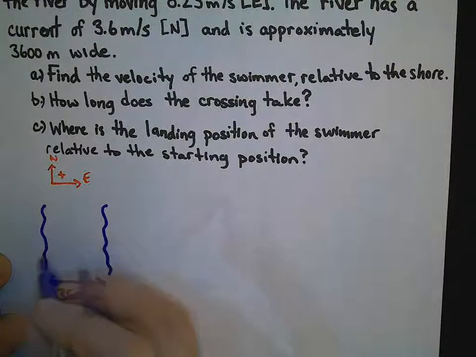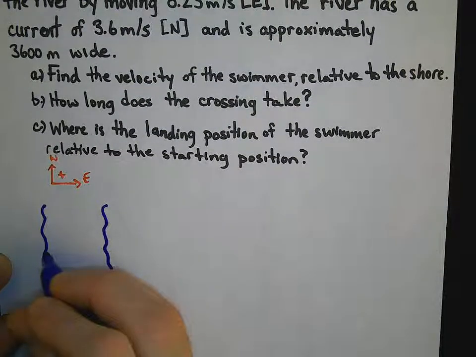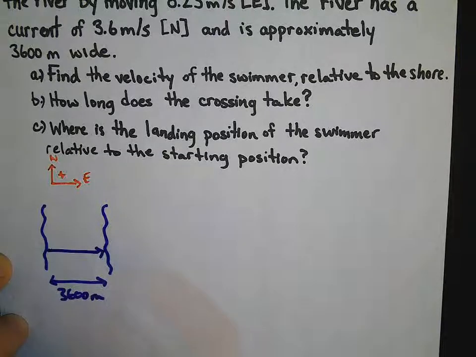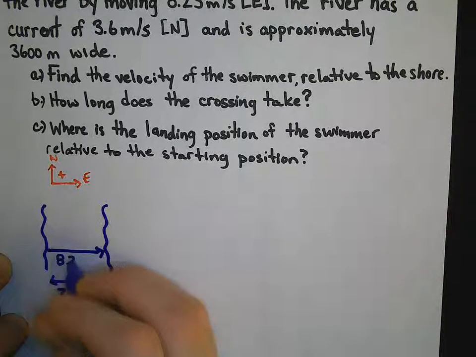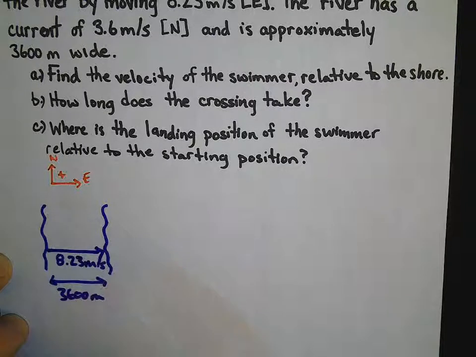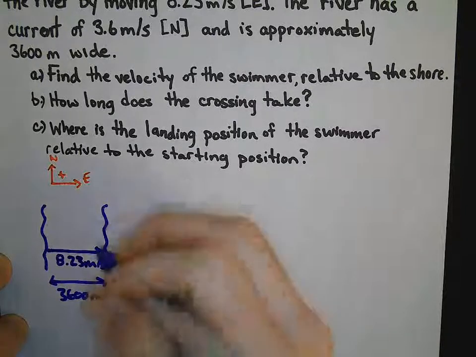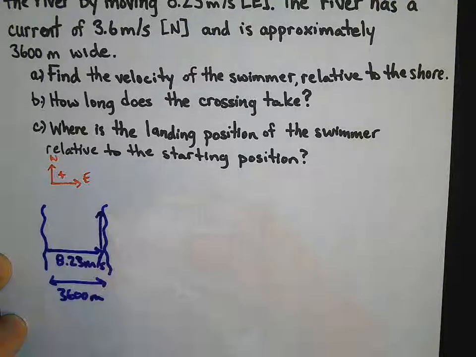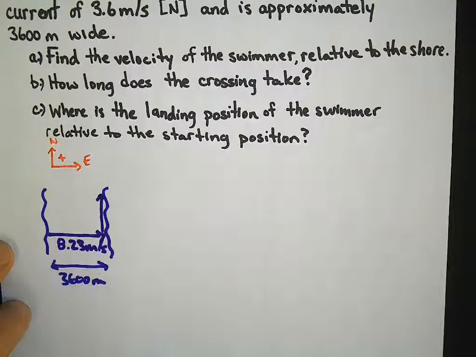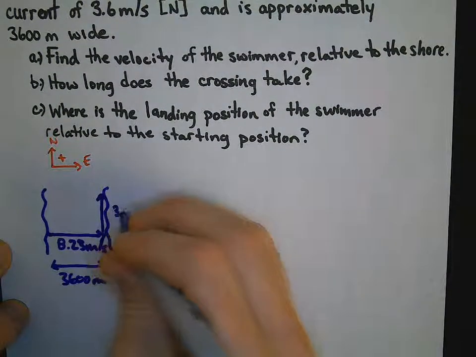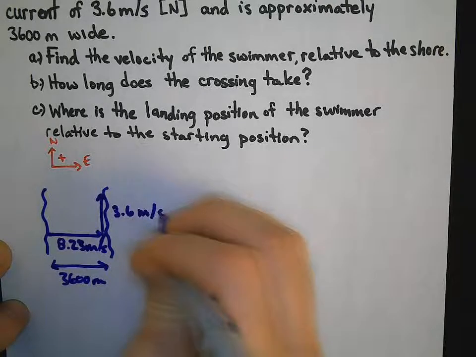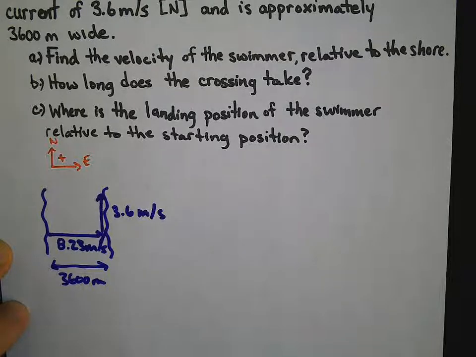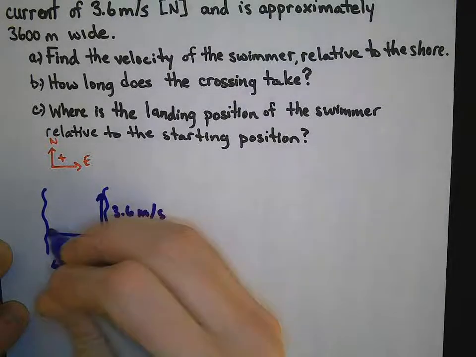We have the swimmer that's swimming to the east at 8.23 meters per second. And then, connecting tip to tail of our vectors, the current of the water is 3.6 meters per second north. And we need to figure out the velocity of the swimmer relative to the ground.